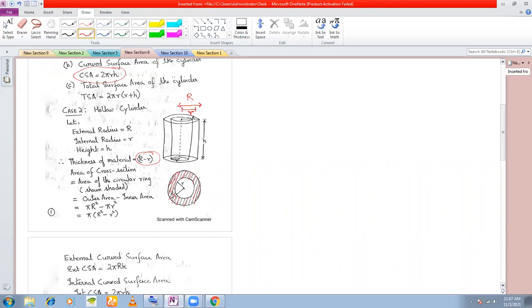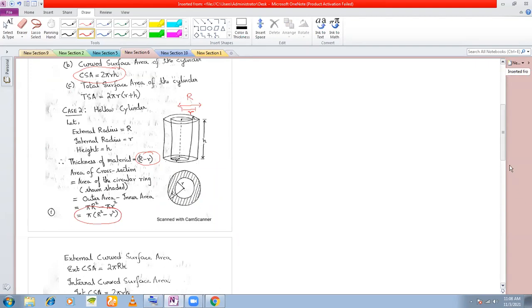This gives you a circular ring. So what is the area of the circular ring? You know that the area of the circular ring, which we have already done, is pi R square minus pi r square, which is the area of the outer circle minus the area of the inner circle. So that is the area of the circular ring at the top and at the bottom.